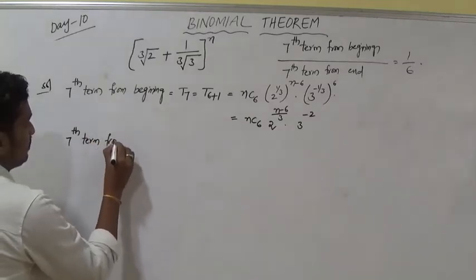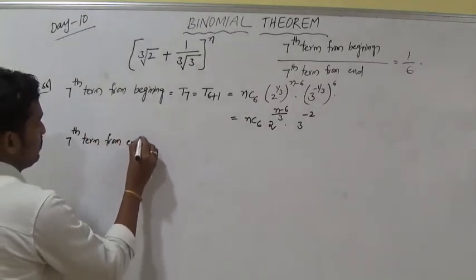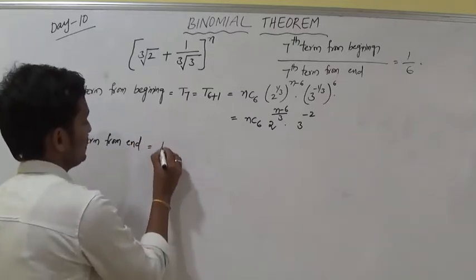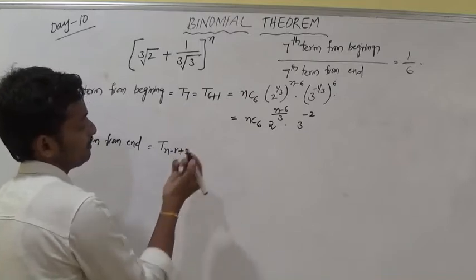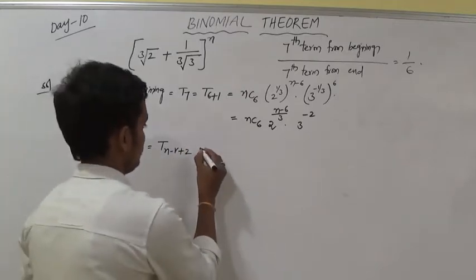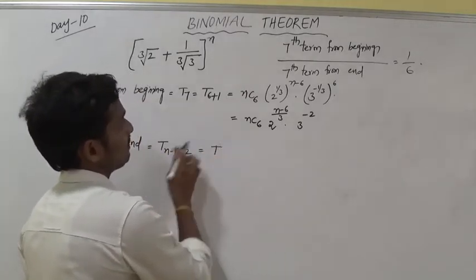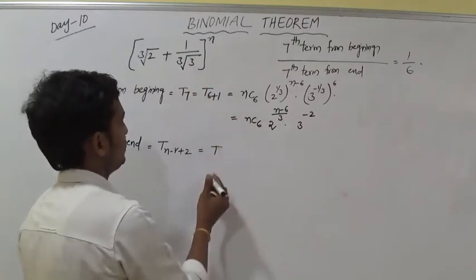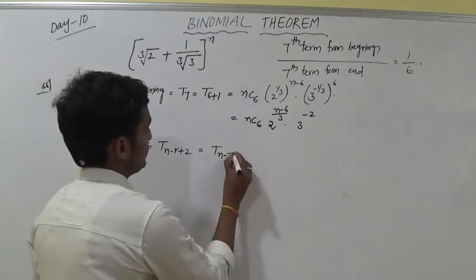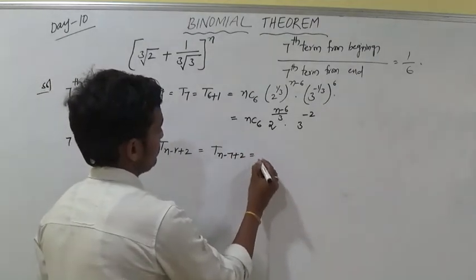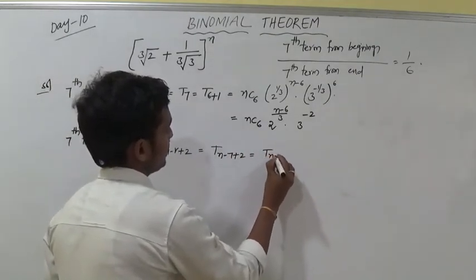Now I am finding the 7th term from the end. We know the formula: t of n minus r plus 2. With r equal to 7, n minus 7 plus 2 is n minus 5.